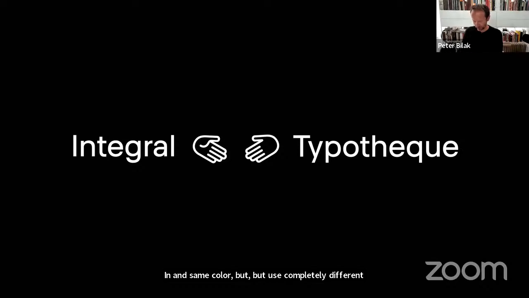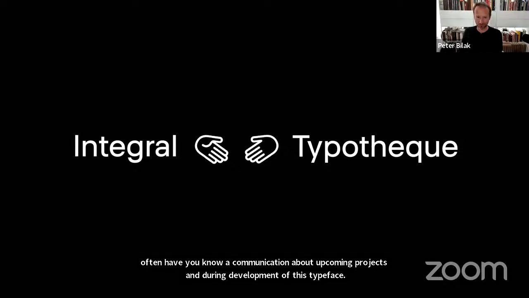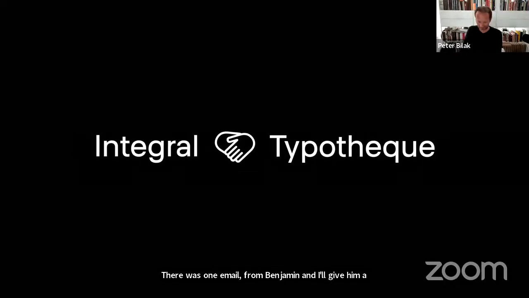During this project, a coincidence happened. We've done some work with Studio Integral from Paris, and we often have communication about upcoming projects. During development of this typeface, there was one email from Benjamin, and I'll give him the word to explain what happened next.